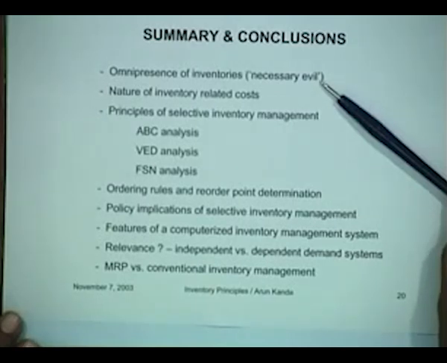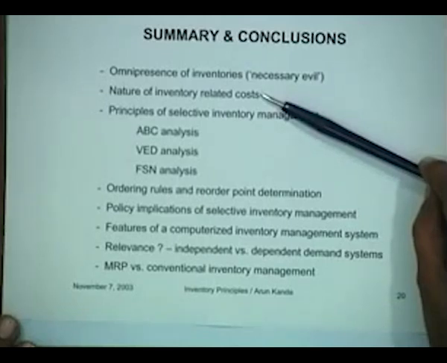Despite what the Japanese might say of eliminating inventories and just-in-time system and no inventories, in a situation where there are uncertainties, typically of the way that we have in our country, you need inventories to overcome some of those problems. So they are omnipresent and therefore you have to deal with them in that sense.